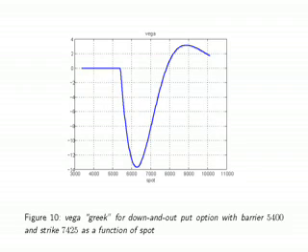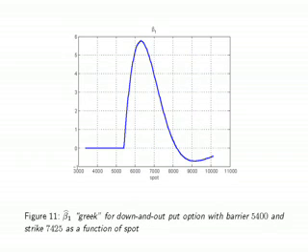So this is the standard industrial Vega. This is the Greek of the up-and-out option as a function of spot for the barrier, which is 5,400, and strike 7,425. And this is the corresponding beta 1 Greek.